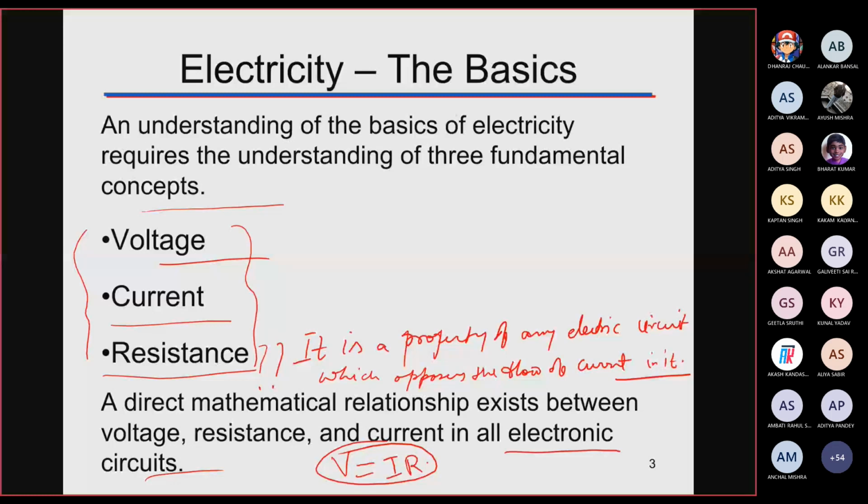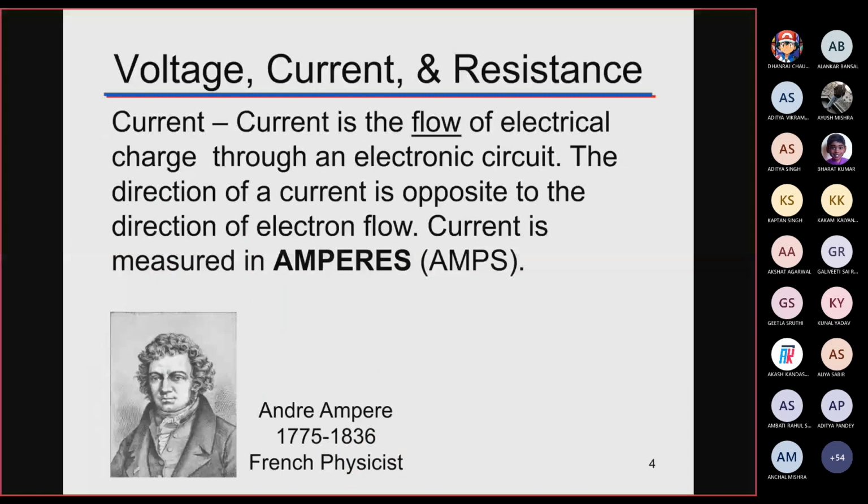Now coming towards these three parameters: voltage, current and resistance. Let us first talk about the current. Current is the flow of electrical charge through an electronic circuit. The direction of a current is opposite to the direction of flow of electrons, right?